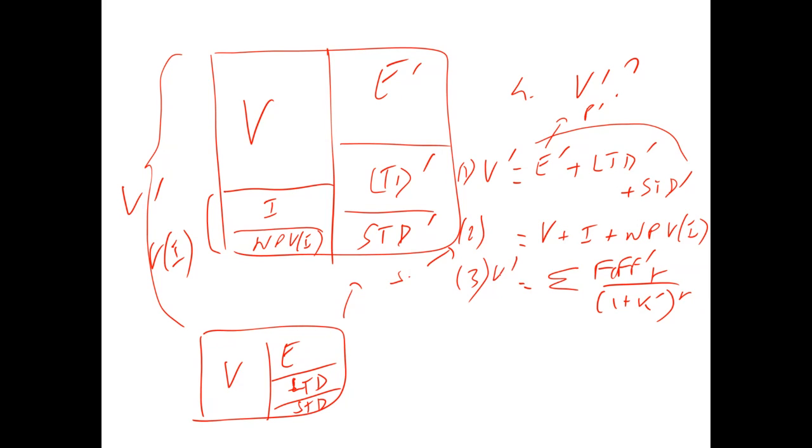And here, what we will be using is 3. That is to say, the firm value would be the free cash flow discounted at the cost of capital after. And the free cash flow is extremely easy because here the free cash flow is equal to the EBITDA.